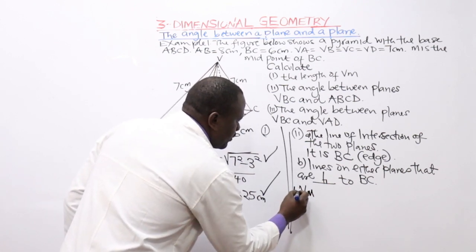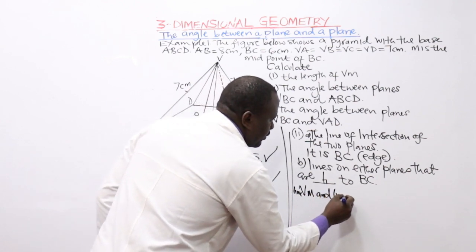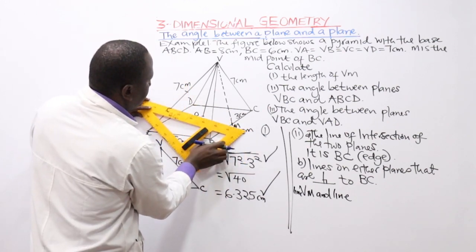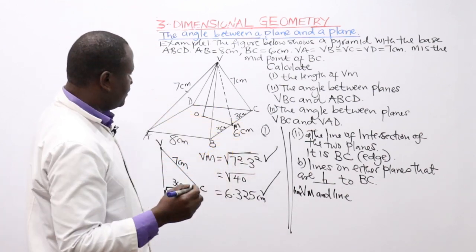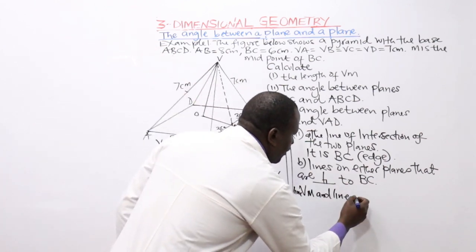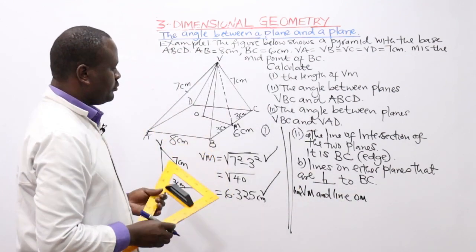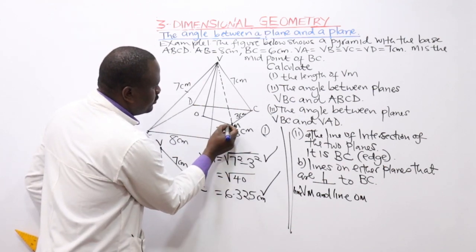line VM and line OM. Those two lines, OM or MO, are perpendicular to BC.